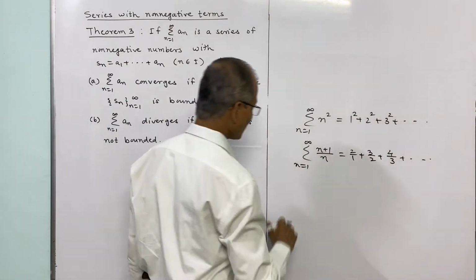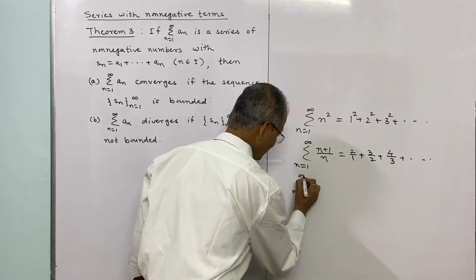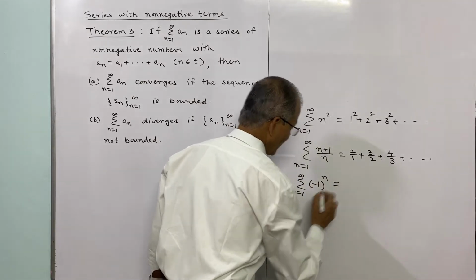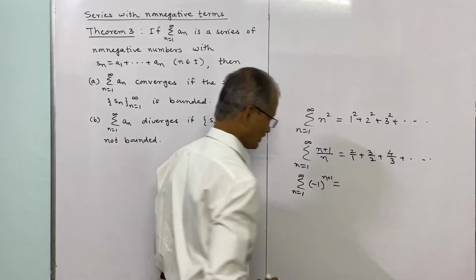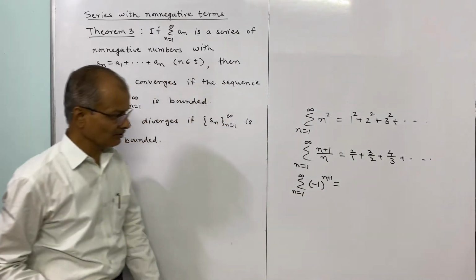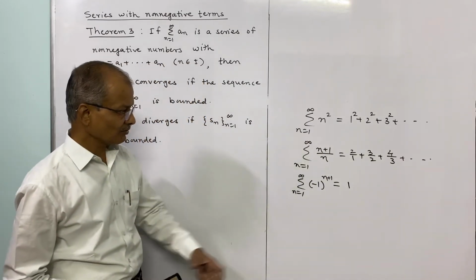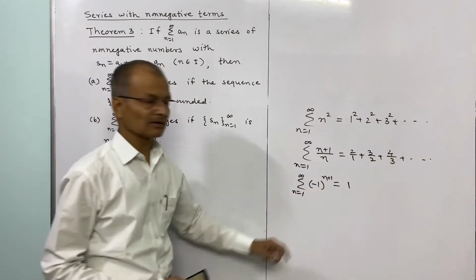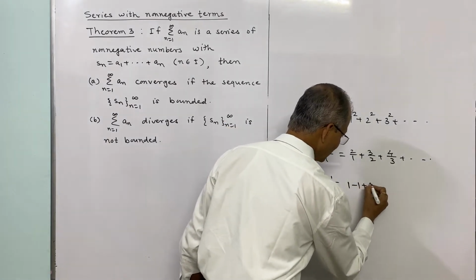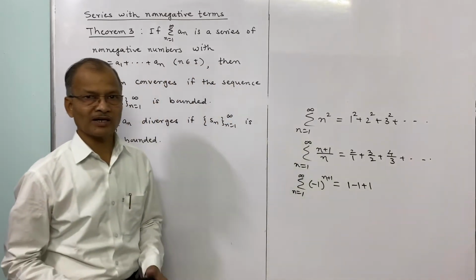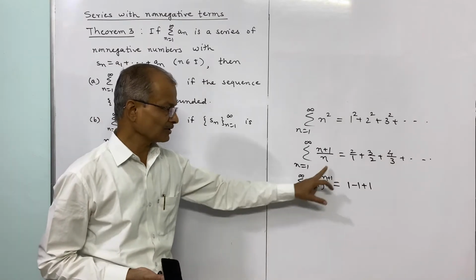Which is not a series of non-negative terms? Consider summation, n from 1 to infinity, of minus 1 to the power n plus 1. What is the first term of this series? Minus 1 to the power 2, and that is plus 1. The second term is minus 1 to the power 3, which is negative 1. Similarly the next will be positive, because minus 1 to the power n plus 1 depends on whether n plus 1 is even or odd.